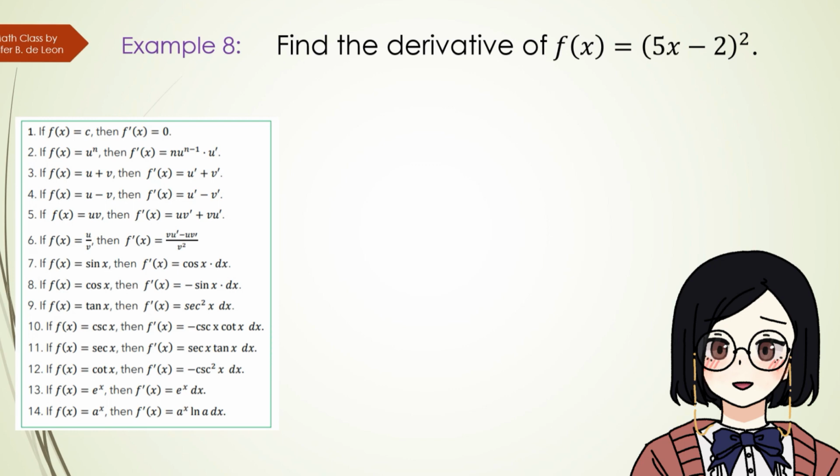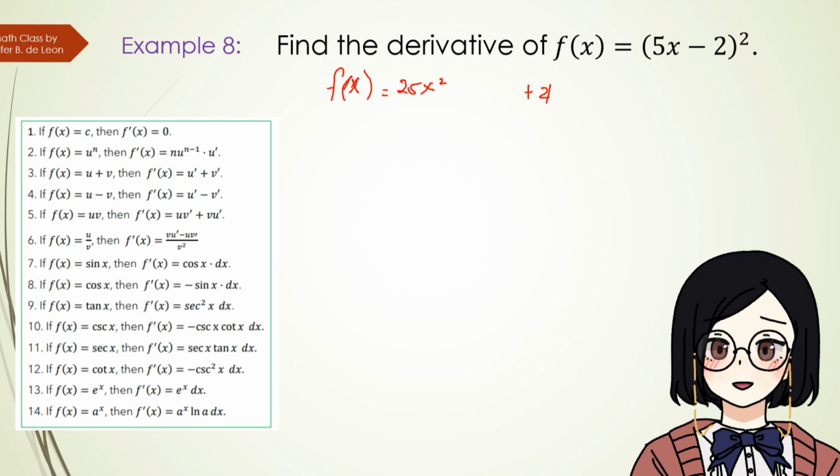Now let's work on example number 8. Find the derivative of f of x equals the square of 5x minus 2. Now since we have a square of a binomial, we can apply what we have learned in grade 8 about special products. So we can expand: f of x will be equal to the square of the first term, that is 25x squared, the square of the last term, then we have 4.